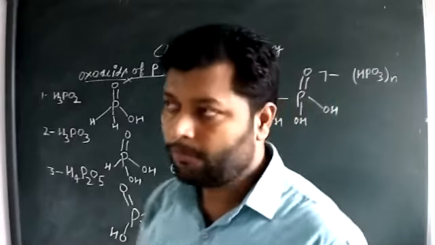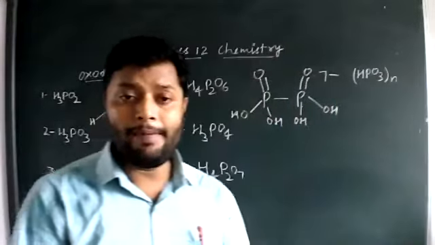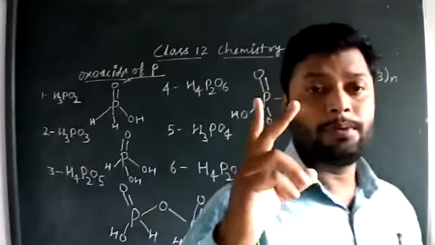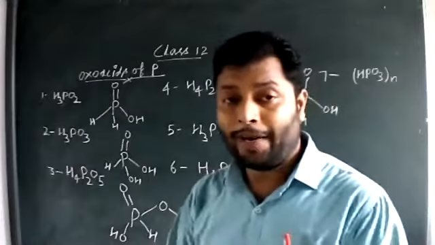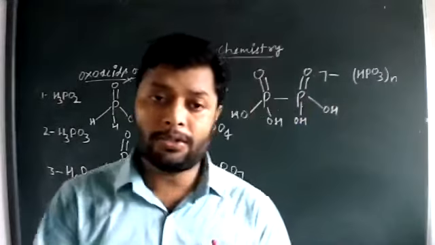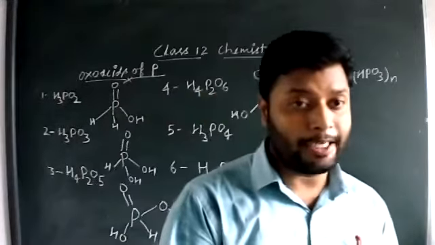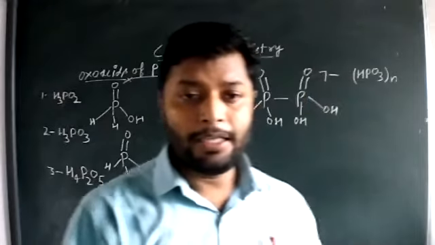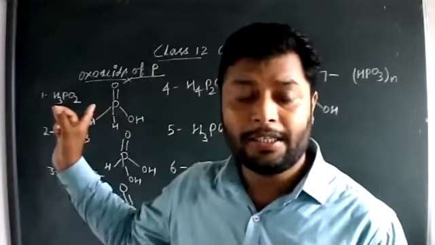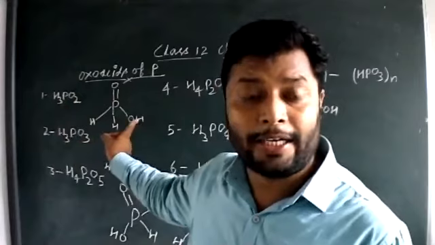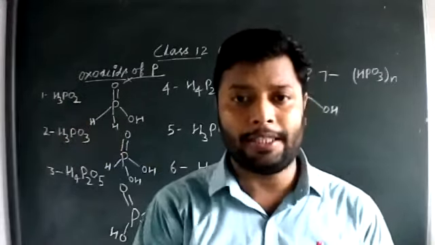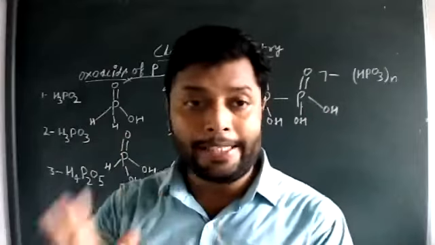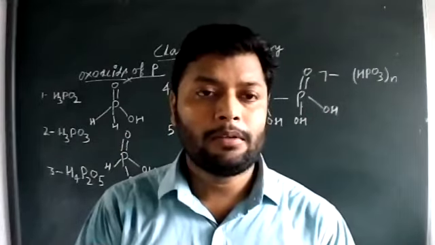hydrogen. In a molecule, always two different types of hydrogens are present. One is called acidic hydrogen, the other is called non-acidic hydrogen. For example, in the first structure, you can see only one hydrogen is acidic. The other two hydrogens are called non-acidic because they will not ionize in the aqueous solution.